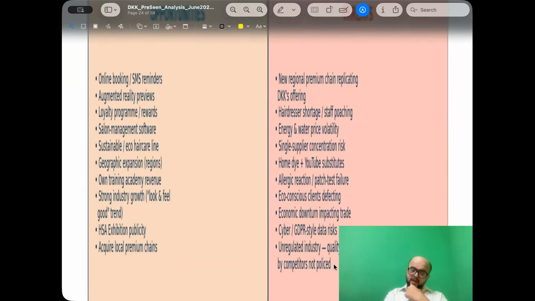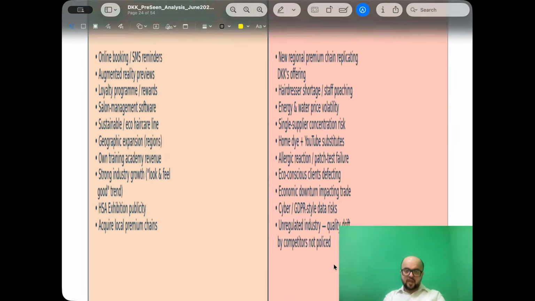Then geographic expansion, own training academy revenue, that can be a good opportunity, because right now the training is done by a college or one of those institutes. You could get into that. There is strong industry growth, because the look and feel good trend is rising. The HSA exhibition also offers you publicity, so you can try that, and then you can acquire local premium chains.